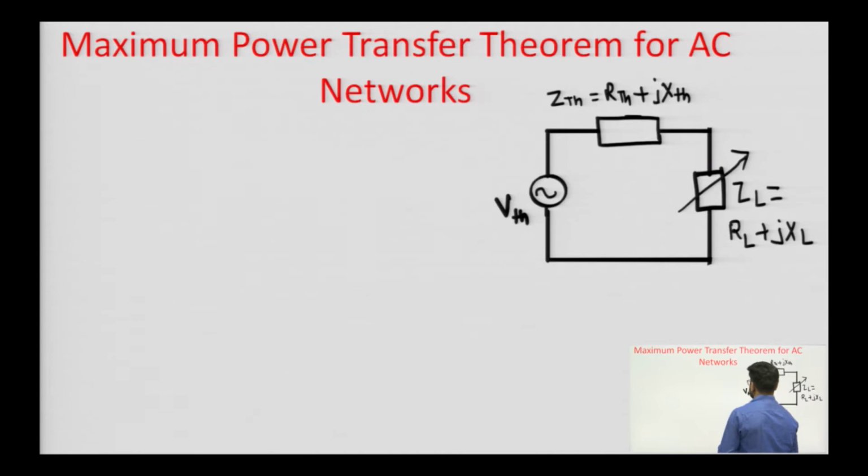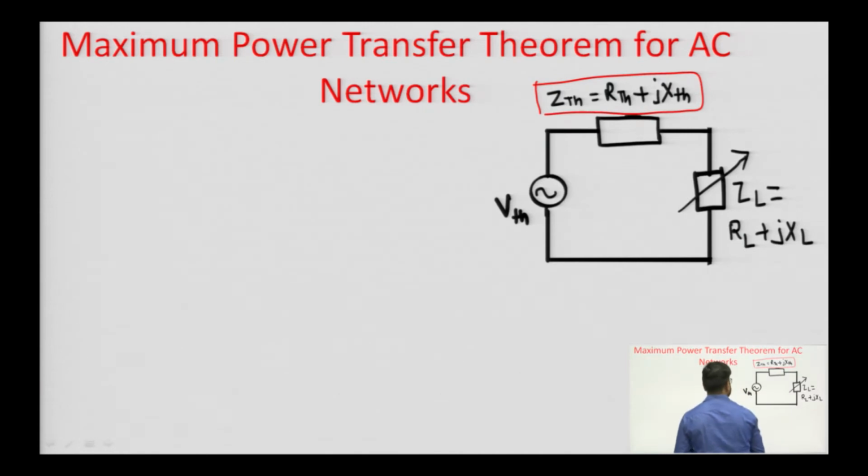Now, we will see how the maximum power transfer theorem is applied in the case of an AC network. In an AC network, suppose we have a circuit where, instead of Thevenin resistance, we have impedance. So, ZTH can be written as RTH, Thevenin resistance, plus jXTH, and the load impedance will be RL plus jXL. Here we have Thevenin voltage VTH.